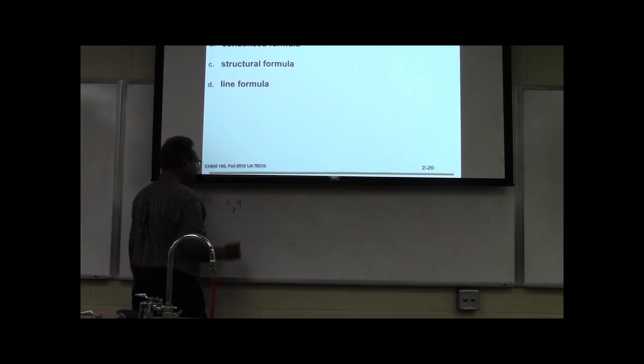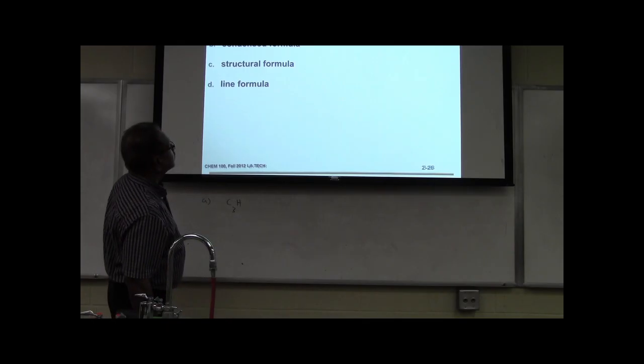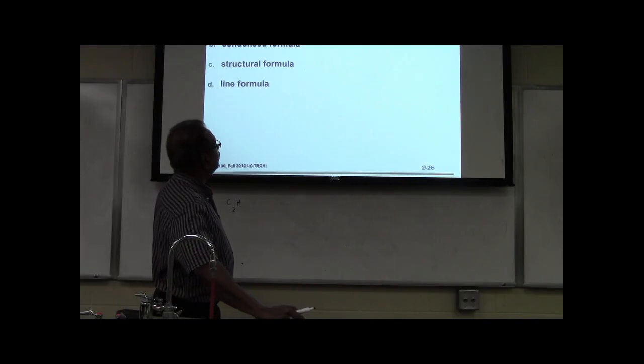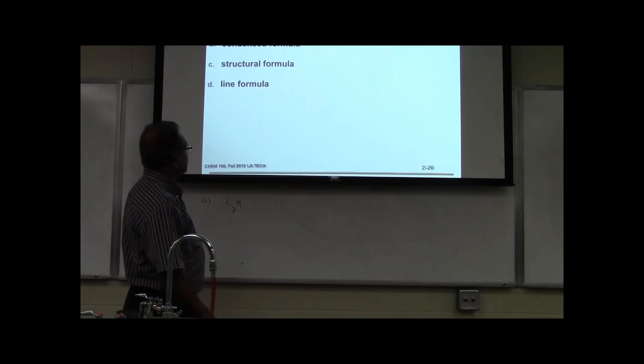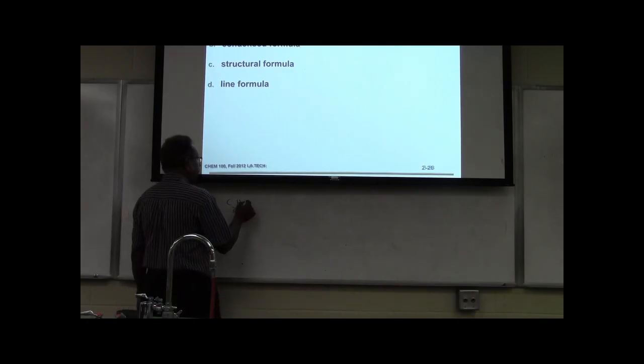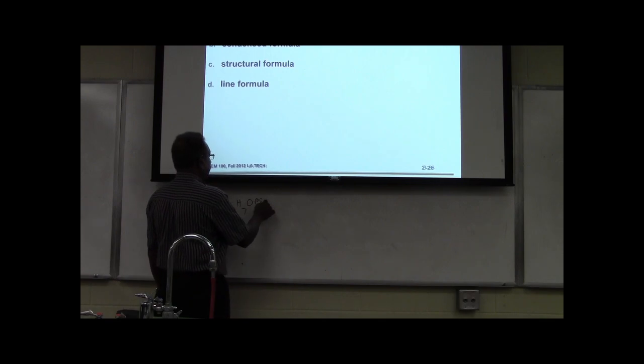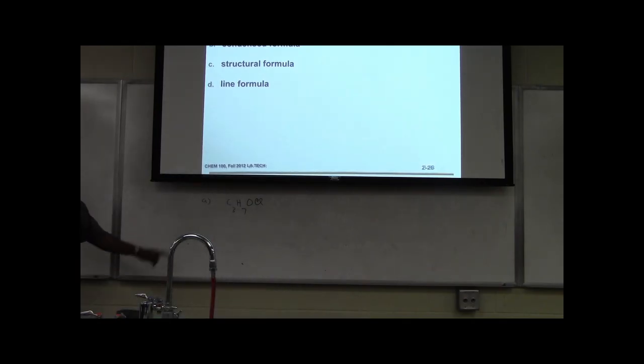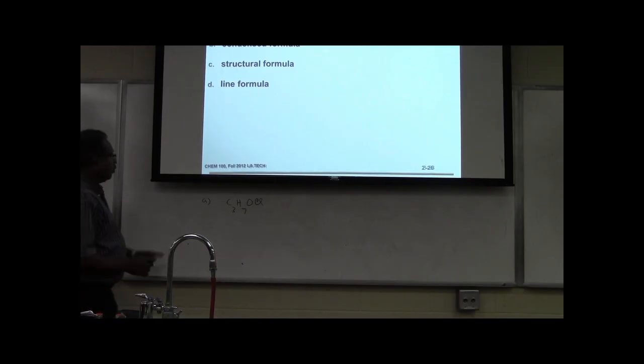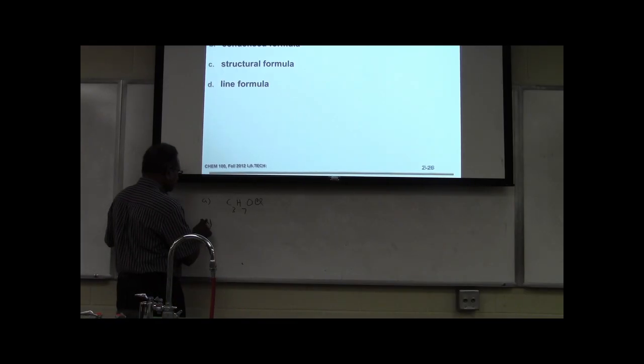How many hydrogens are there? 4, 7. I agree with you. And how many oxygens? 1, chlorine, right? That's the molecular formula. Now, what is the condensed formula?